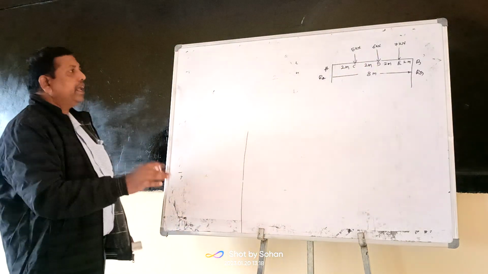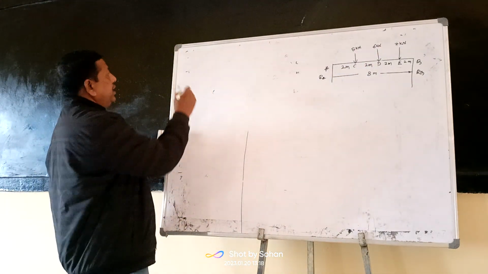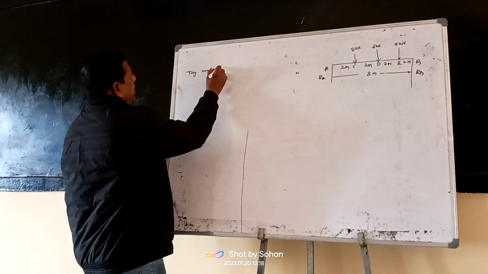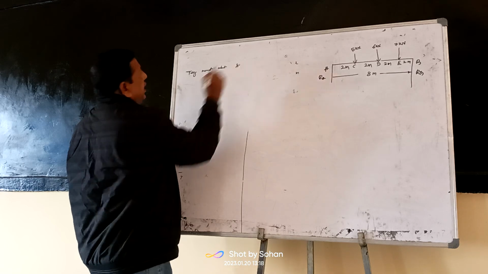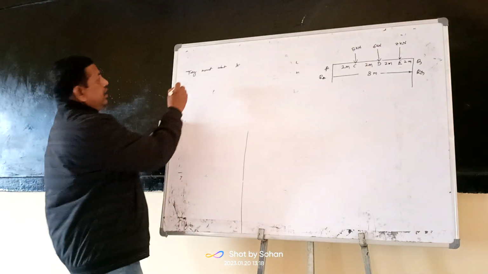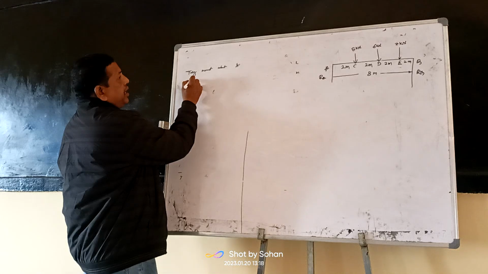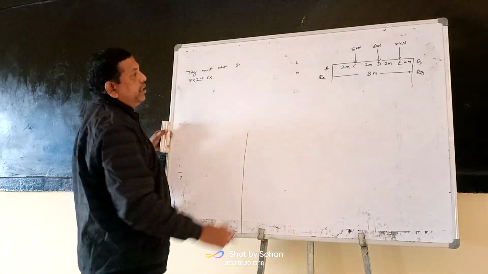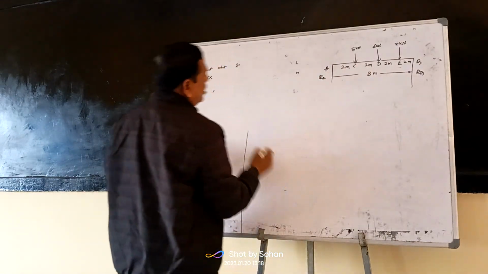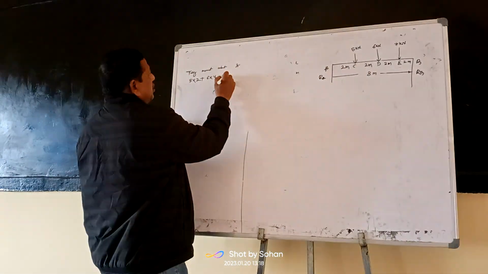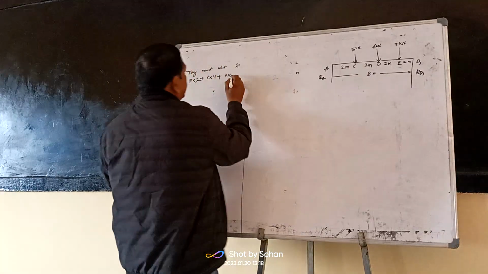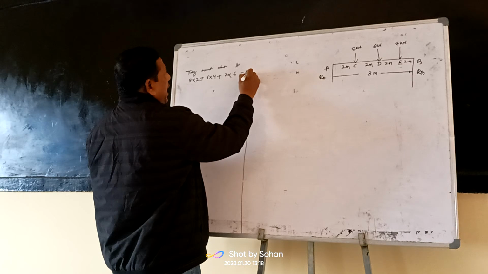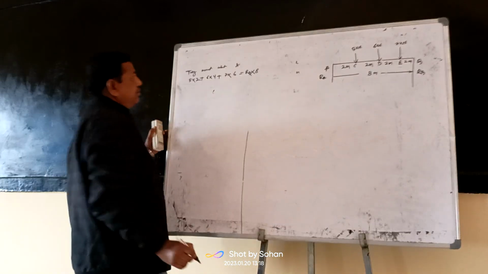So first we will calculate RA and RB, the reactions. Taking moment about A: 5 into 2 plus 6 into 4, since point D is at 4 meter distance, plus 7 into 6. These are all clockwise moments, equal to RB into 8.